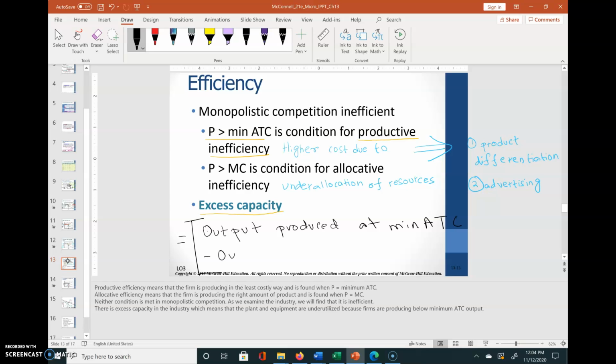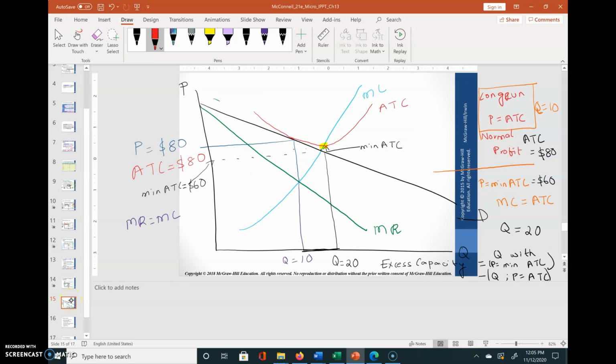From that we just subtract the output that is not produced at minimum average total cost. From our example, the output produced at minimum average total cost is 20. From that, the output not produced at minimum average total cost is 10, and this is equal to 10. This is the excess capacity from this graph.